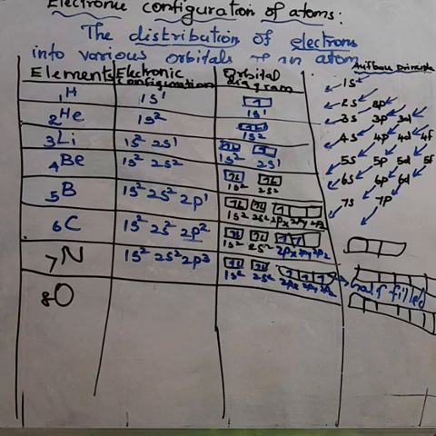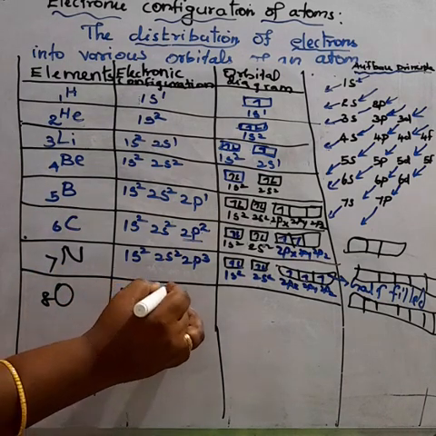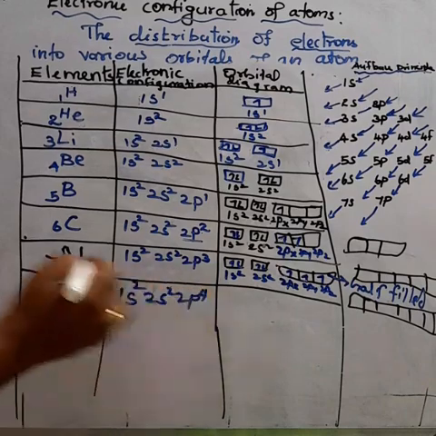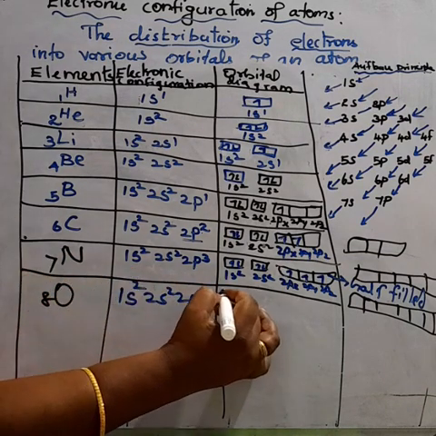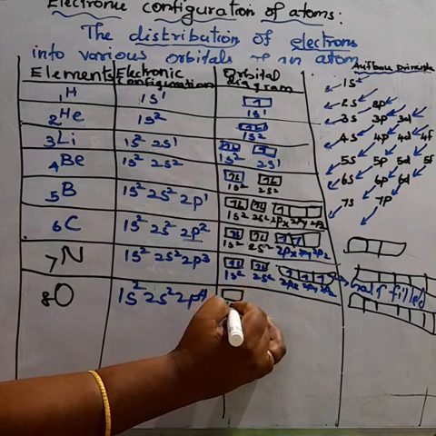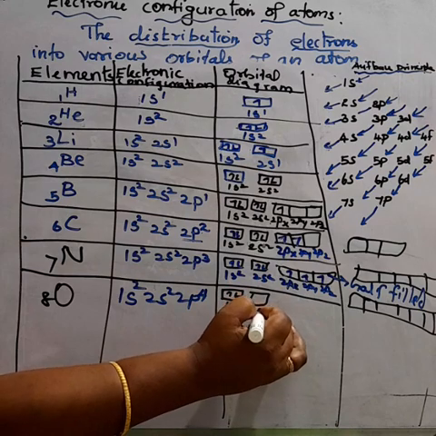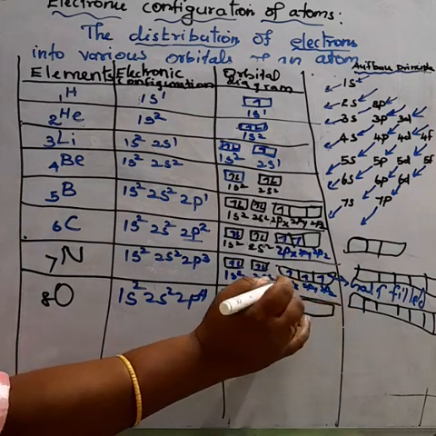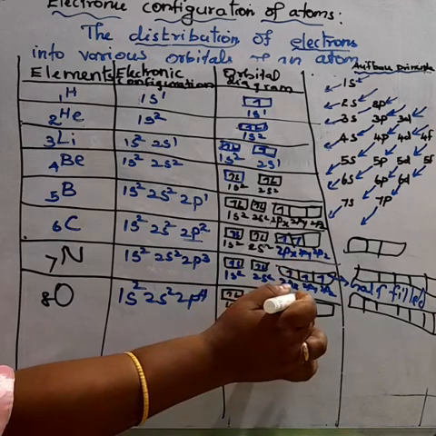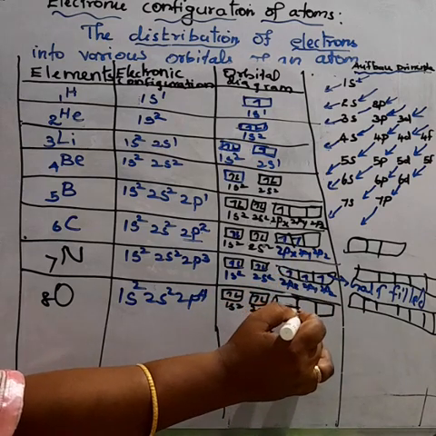And then next, oxygen, atomic number 8. Electronic configuration 1s2, 2s2, 2p4. How will you draw the orbital diagram? First the 1s orbital, 2 electrons, and the 2s orbital, 2 electrons, and the 2p orbital. How many orbitals are there? 3 orbitals: 2px, 2py, 2pz.